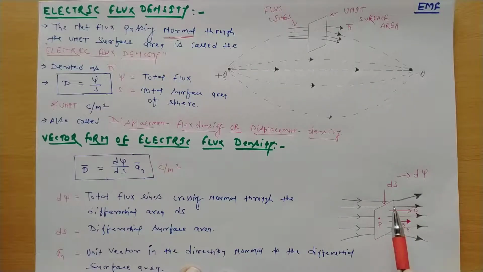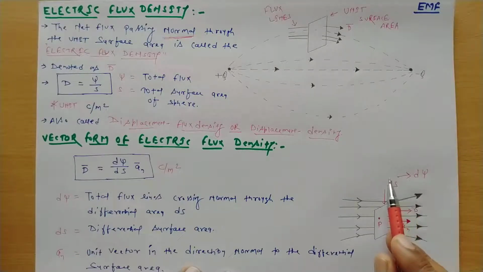Okay, so all the lines of flux d psi have the direction of a_n, normal to the differential surface area dS, because we have taken here a differential surface quantity, so this amount is very small.